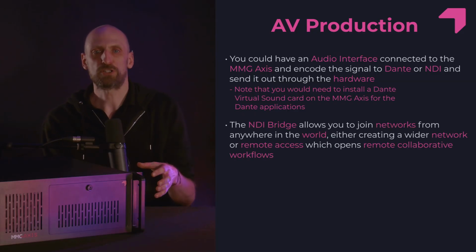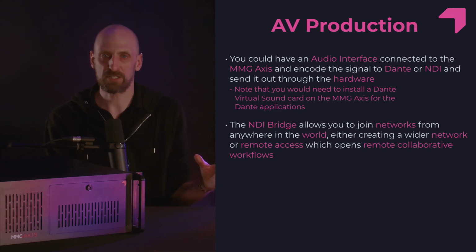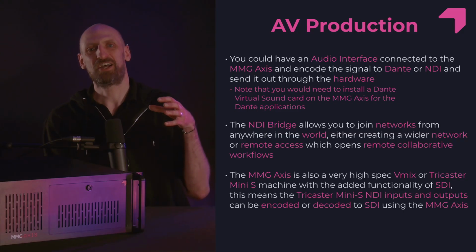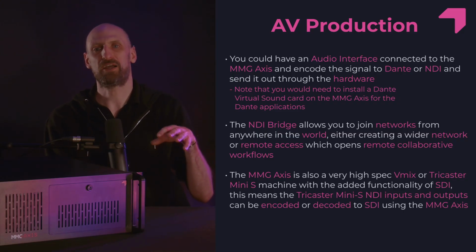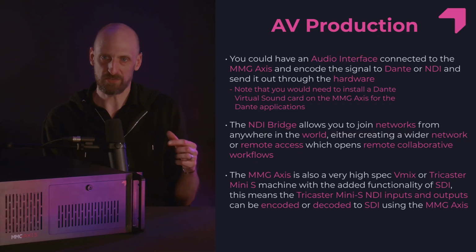The NDI Bridge allows you to join networks from anywhere in the world, either creating a wider network or remote access, which opens remote collaboration workflows. The Axis is a very high-spec vMix or TriCaster Mini S machine with the added functionality of SDI.